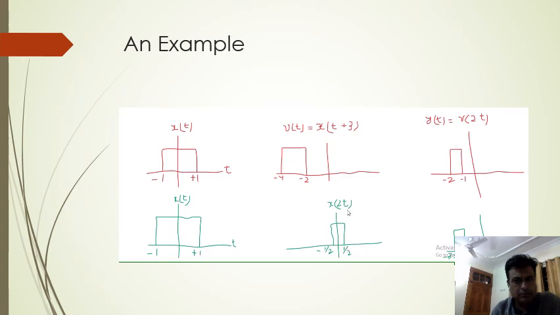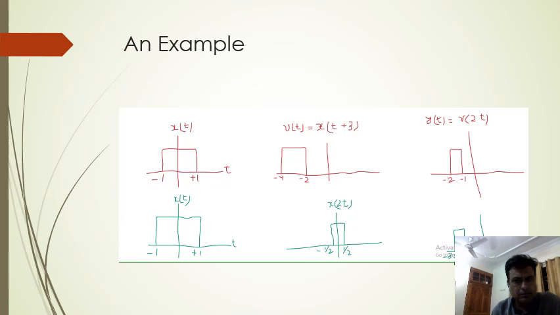So x of 2t now exists between -half and +half, and then we have to shift this signal to obtain x of 2t plus 3. If we do that, this minus half point, which was minus 0.5, will go to minus 3.5, and this plus half point will go to minus 2.5.